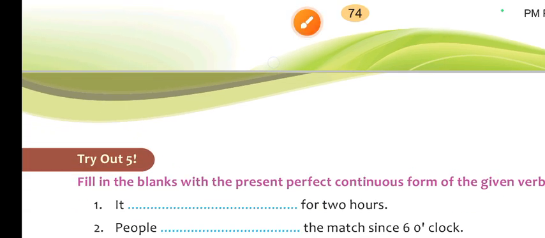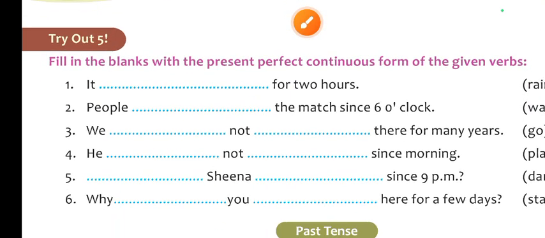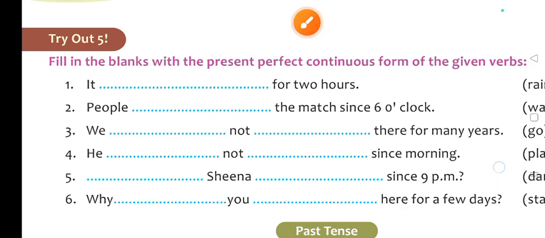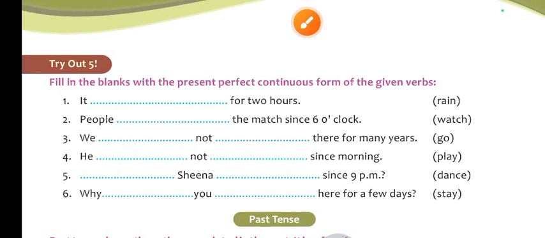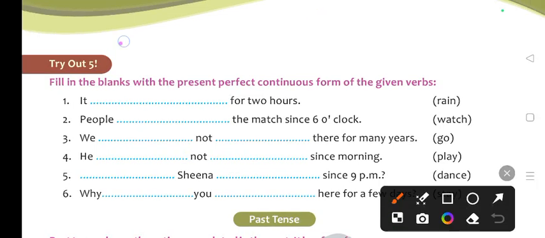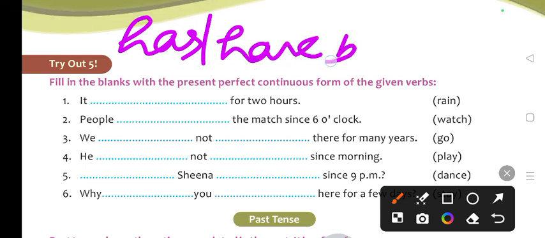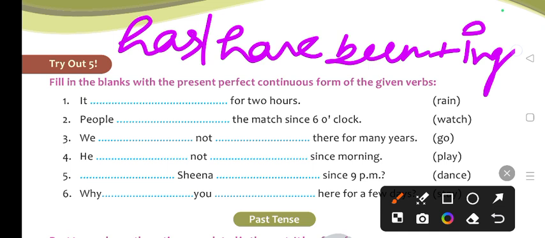Next is try out 5. Fill in the blanks with the present perfect continuous form of the given verbs. So you know well what is the helping verb of present perfect continuous tense. Very simple. Has slash have, then been, and verb plus ing plus for slash since according to the time. Alright.